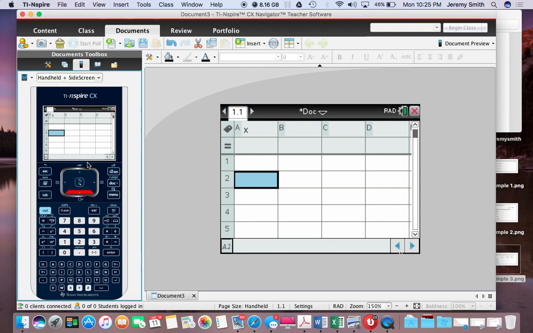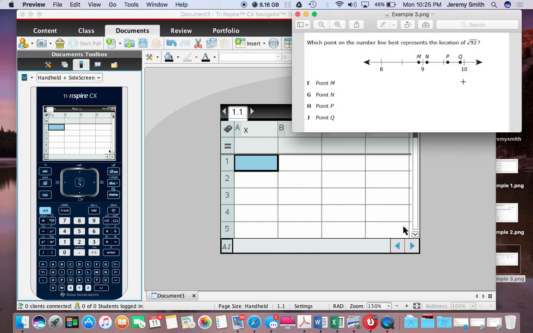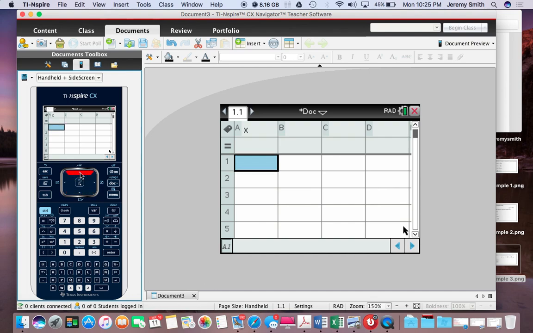If I have a particular problem like this, what I want to do is put each one of these numbers from that number line, as well as this original number, into the calculator. I can do ascending or descending, it doesn't matter, but I'm trying to figure out where it will fall. Will it fall in between the 8 and the 9 or the 9 and the 10? So let's put this in here. Equal 8.